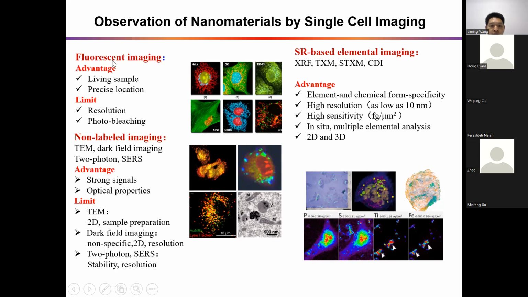Fluorescence imaging also has some advantages for living cell or living sample imaging, but the limitation is low resolution and the need for labels. It cannot detect the chemical reactions of nanomaterial inside cells.